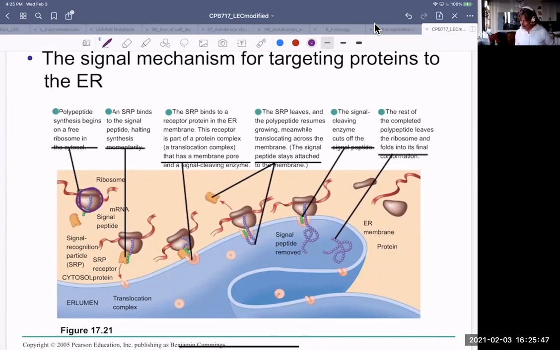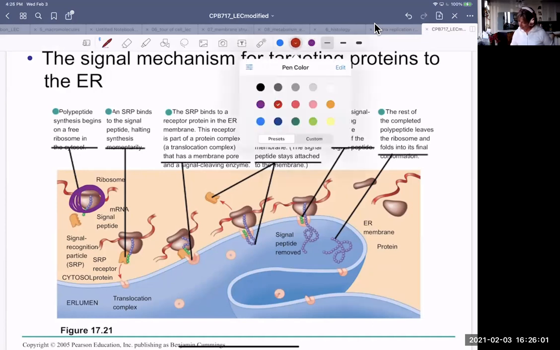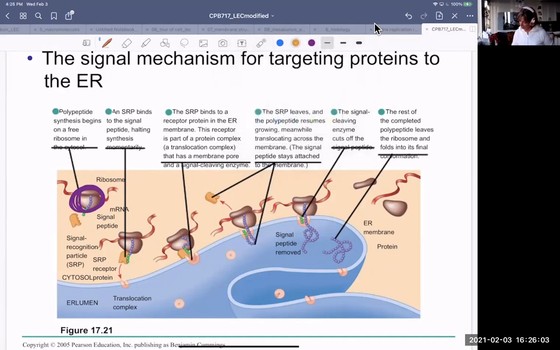This is a free ribosome here. It's already started a little bit of the translation. Here is the SRP, the signal peptide. And it binds to a receptor protein, which is here.